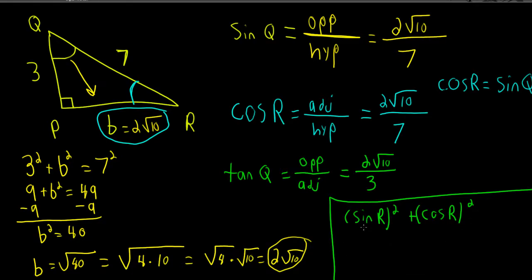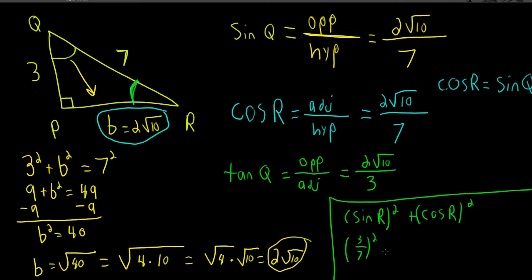The sine of R, we're going to look at this angle R again. And again, sine is opposite over the hypotenuse. The opposite side is 3. The hypotenuse is 7.